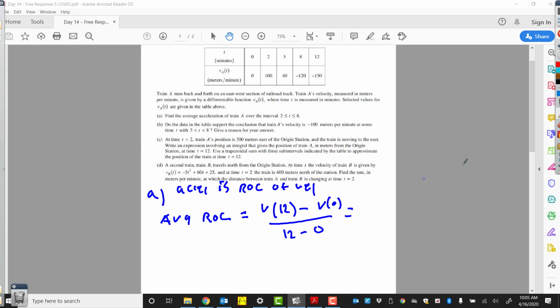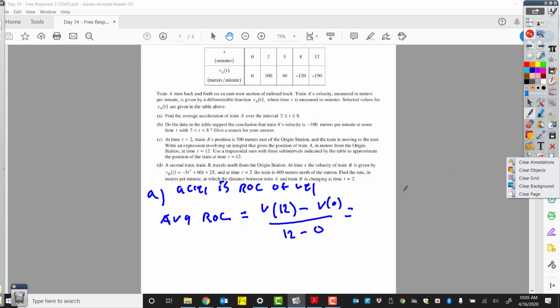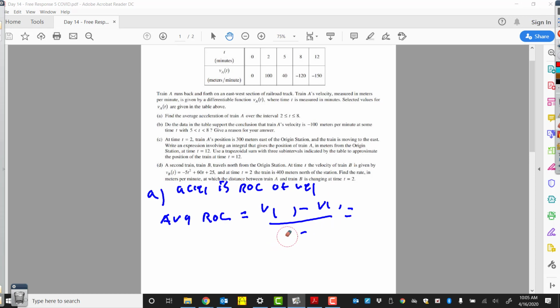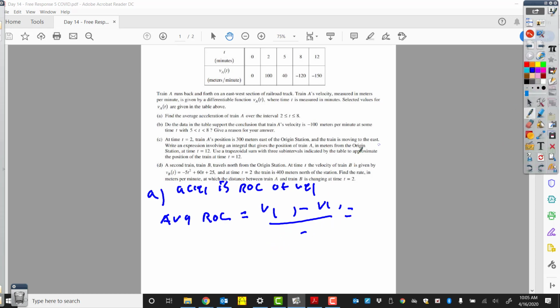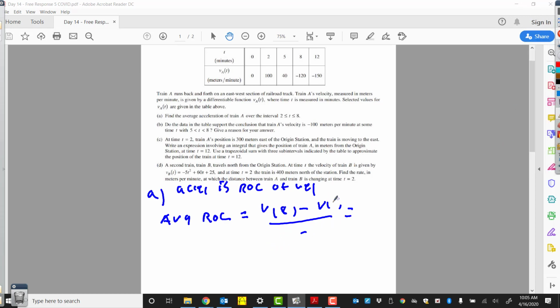Oh, sorry. It says from 2 to 8. So we need to be a little more specific. So that's going to be v of 8 minus v of 2 over 8 minus 2. Much better. And then we just plug it in. So v of 8 is negative 120. V of 2 is 100, over 8 minus 2.